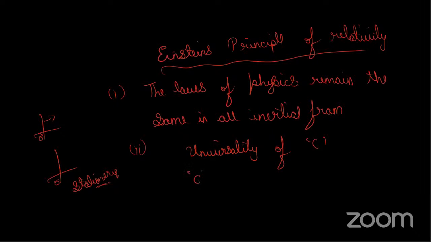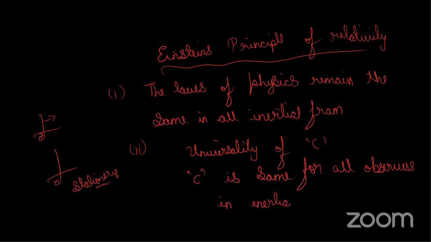That means the value of c is the same for all observers, regardless of whether they are moving or stationary. c in vacuum is the same for all observers in inertial frames. So this is Einstein's principle of relativity.